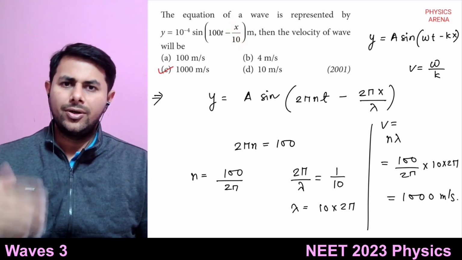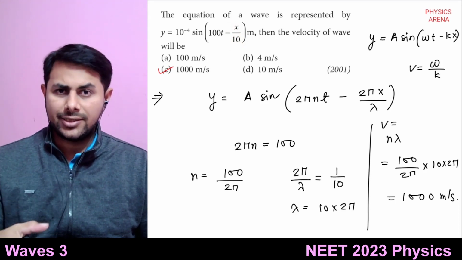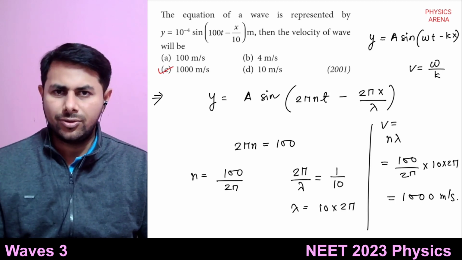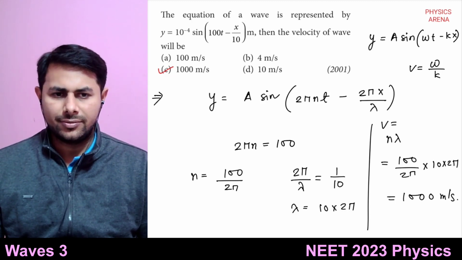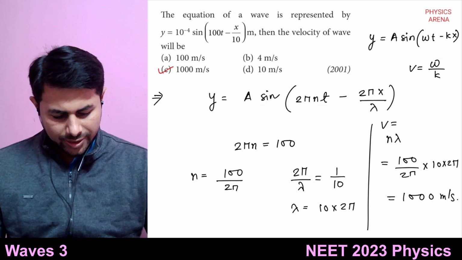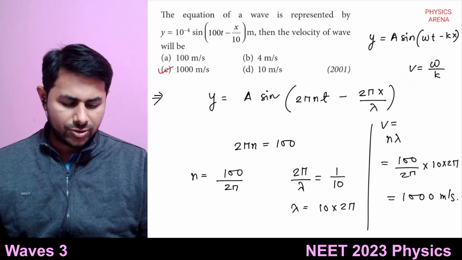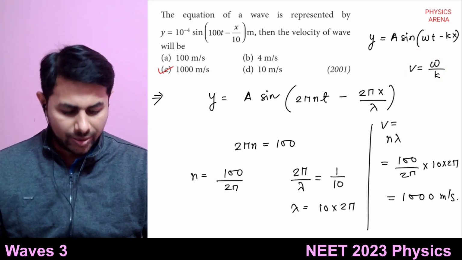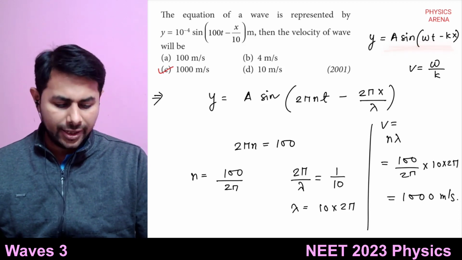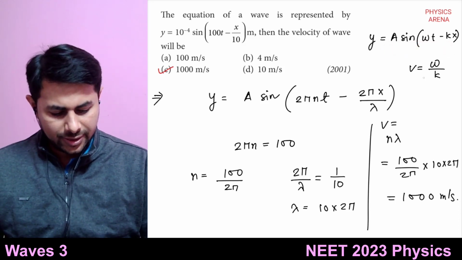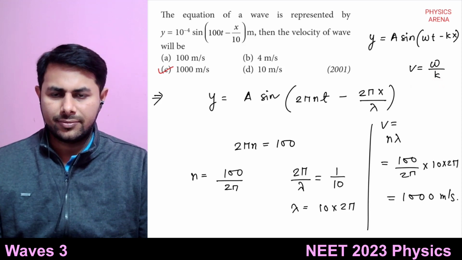So 100 upon 1 upon 10. That 10 is in the denominator of the denominator, so it goes to the numerator. It will be 1000. So if we remember the relations v equals omega upon k and y equals a sine of omega t minus kx, then it will be faster.